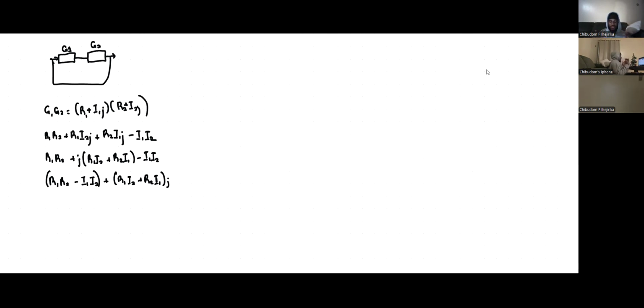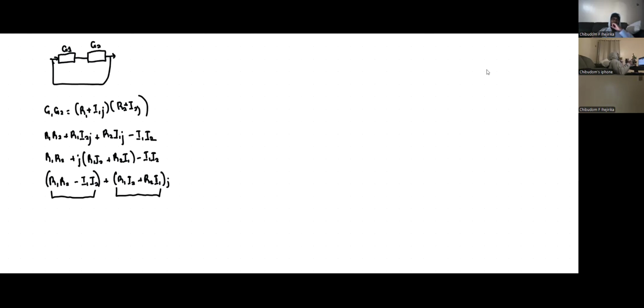So now basically this will give us what our values will be. So we have this portion and we have this portion. So that's basically going to be what our values will be.